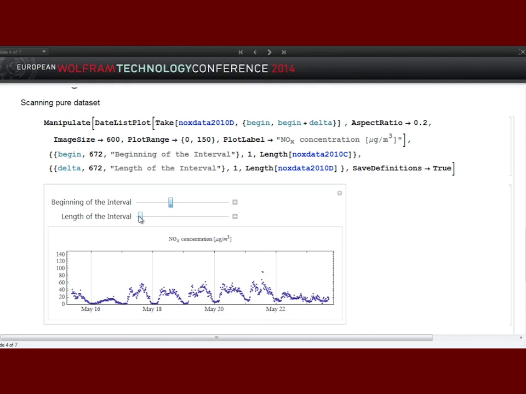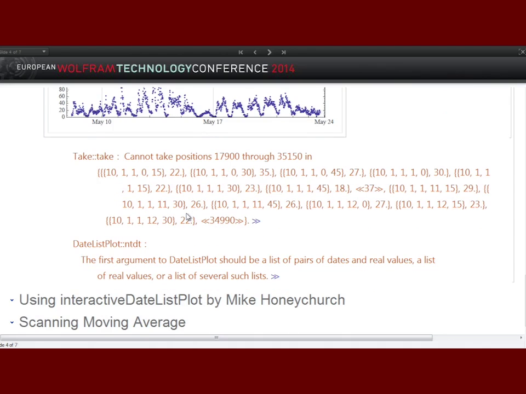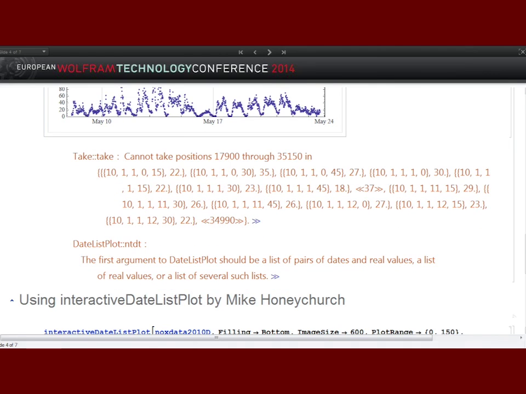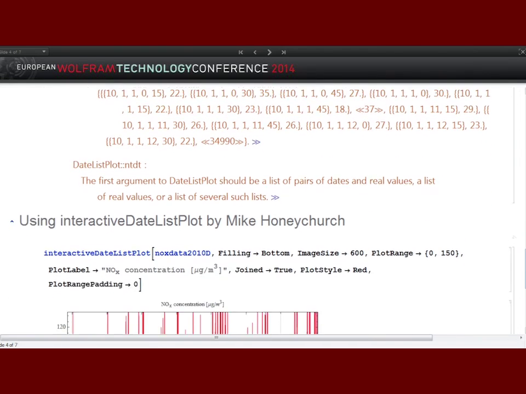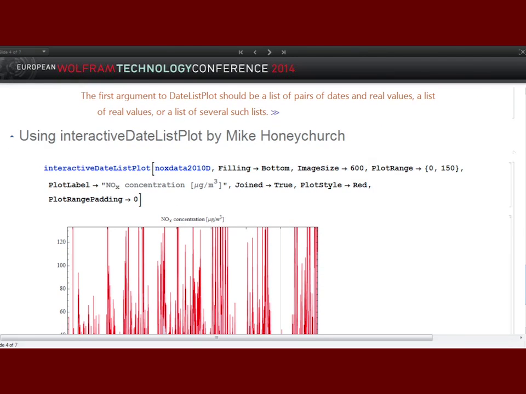So we can see here the weekly pattern a little bit. There is a so-called interactive date list plot function made by Mike Hennig-Wrench.